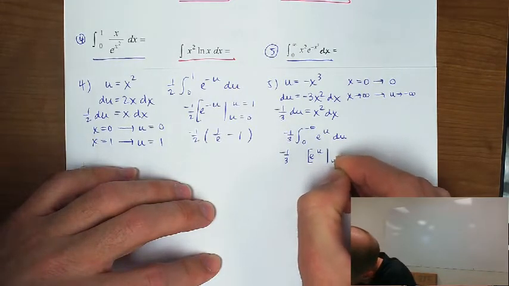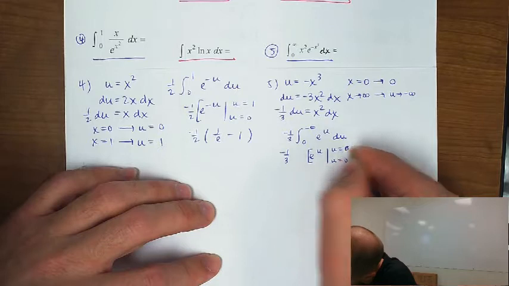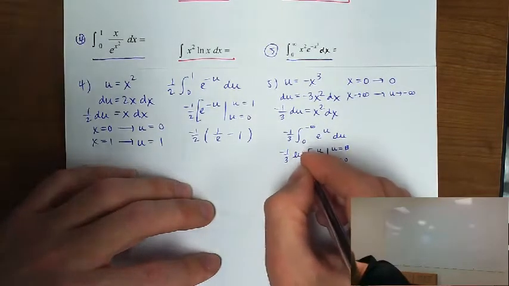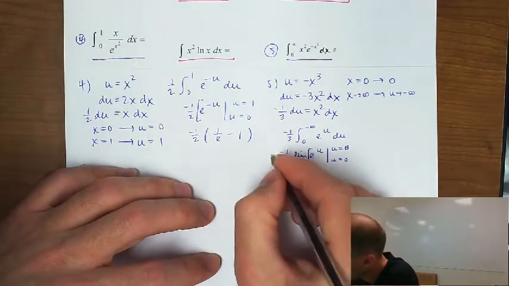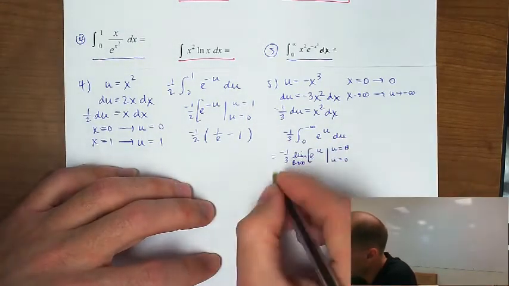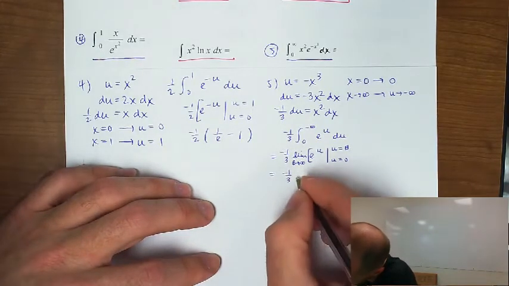And we're going to let u run from 0 up to, well, we can't say u is equal to infinity, so we'll use a b, and we'll consider the limit as b goes to infinity.